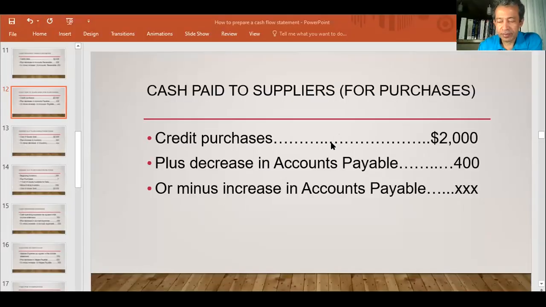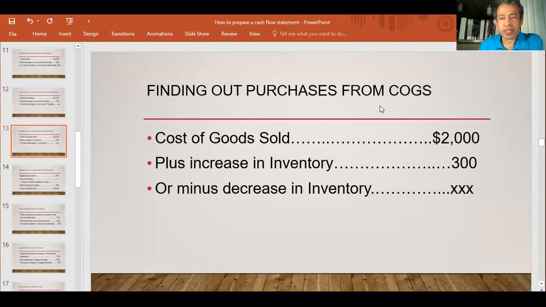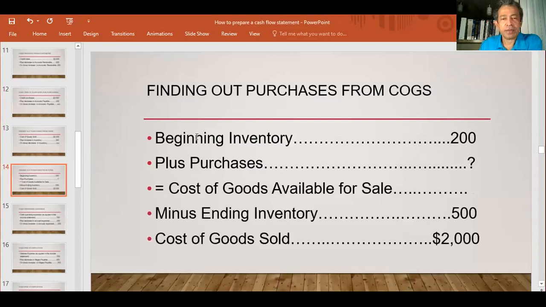All right, so let's do the screen share again. Yeah, look at this. Finding out purchases from COGS.